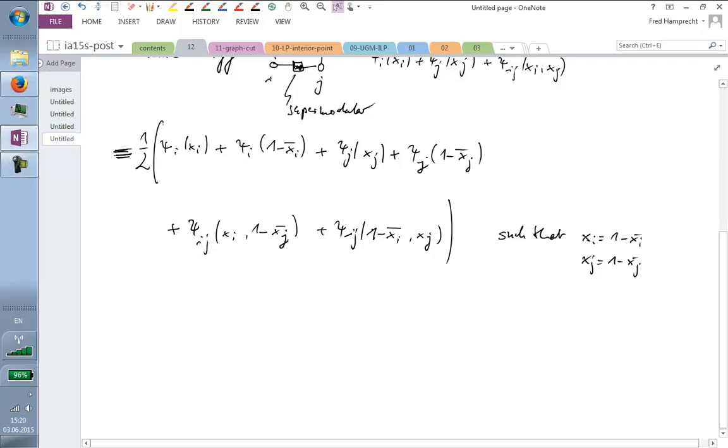If I look at this, I see that this is an equality if these constraints are fulfilled.